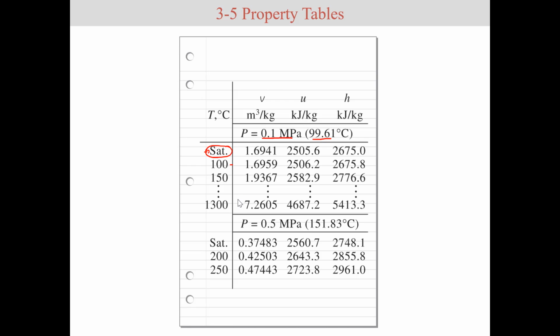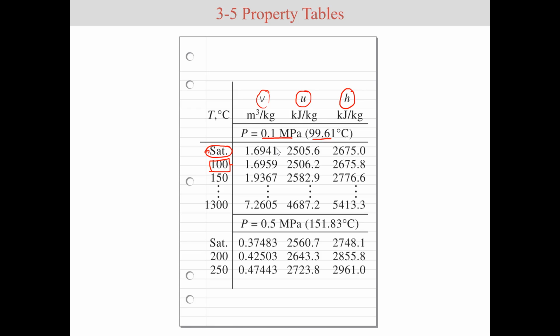For example, I'm at 100 degrees right here, which is a superheated vapor because at a pressure of 0.1 megapascals, water boils at 99.6 degrees. 100 is greater than 99.6, therefore I'm a superheated vapor. Here's my specific volume, here's my internal energy, and here's my enthalpy, and you should also have entropy listed there.